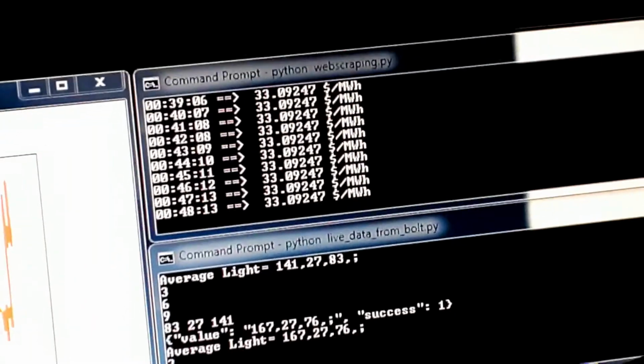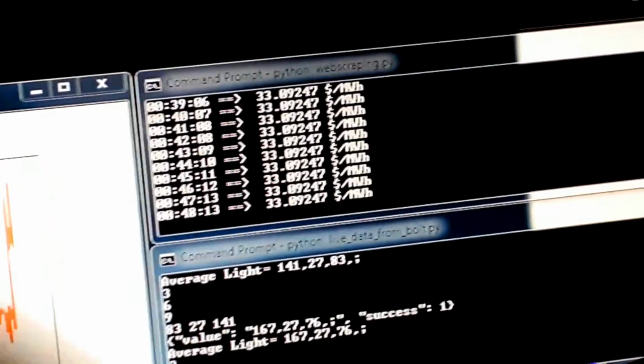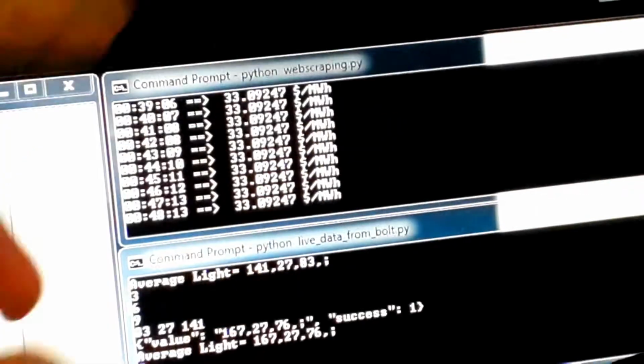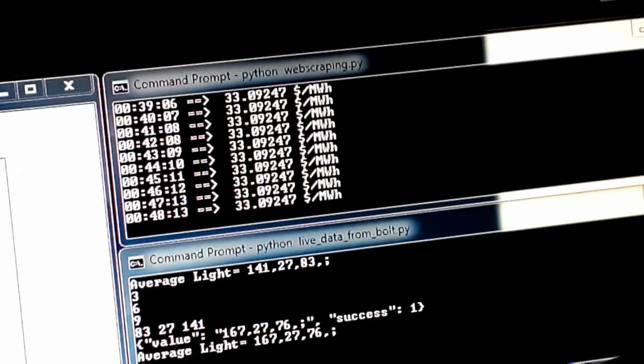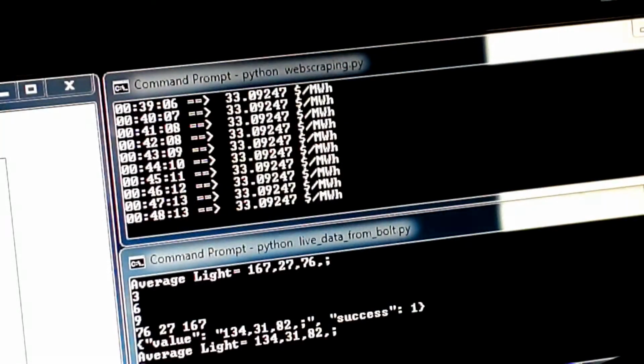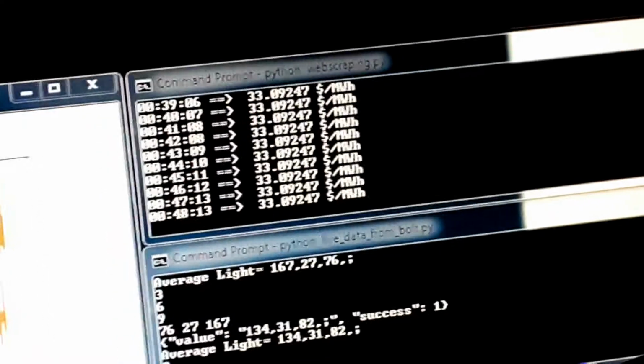As you can see over here, this file contains the real-time electricity market prices. It is 30.0927 dollars per megawatt hour at present, and 0.48 is the current time. I'm recording it at night.